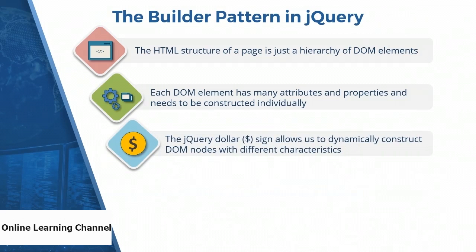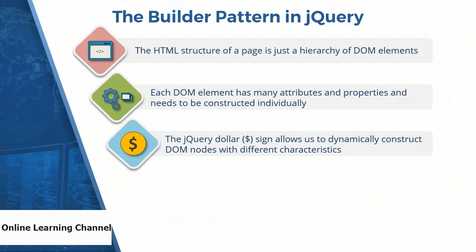If you've used jQuery, you're probably familiar with the jQuery object that is usually referenced using the $ sign. The $ sign allows us to dynamically construct DOM nodes and specify the characteristics of the DOM element that you're building up in a step by step manner.